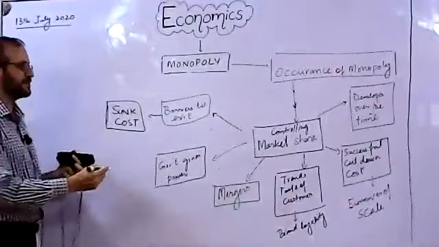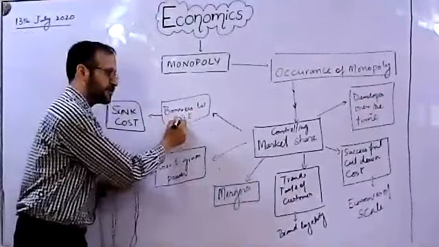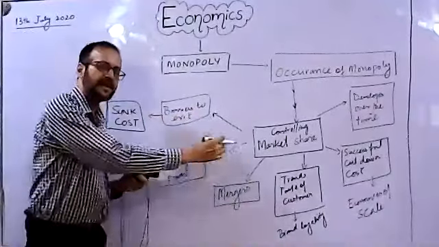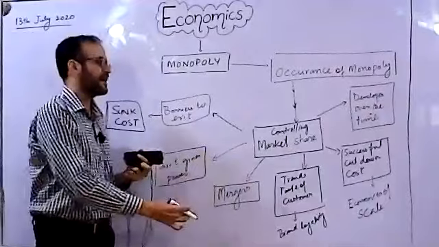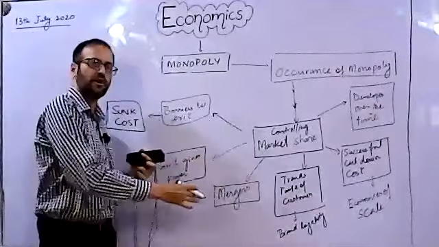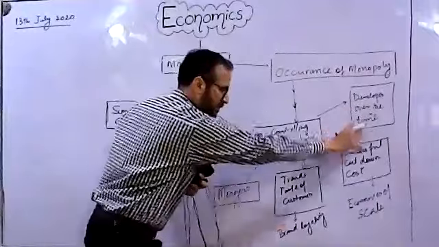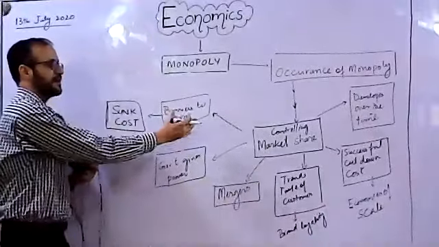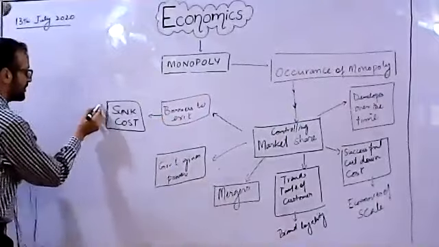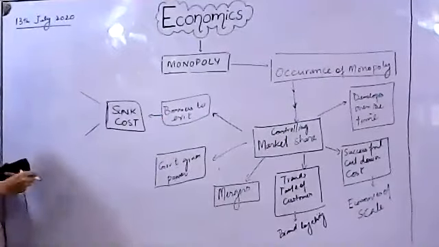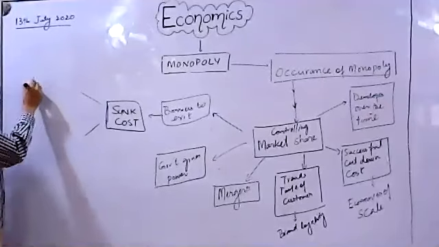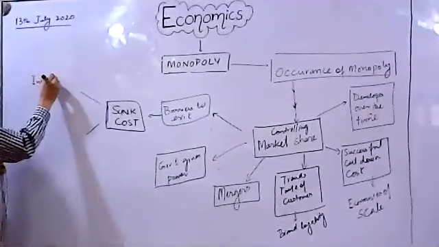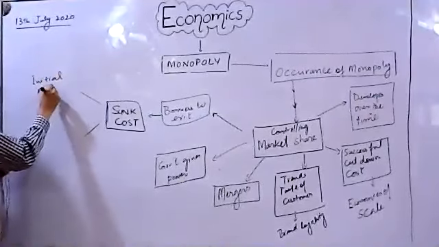So for that reason, sometimes you're not taking exit from the industry and you remain as a monopolist, and you are having all these advantages or these reasons to become a monopolist. In the sunk cost, we can add two examples over here, like an initial advertisement.